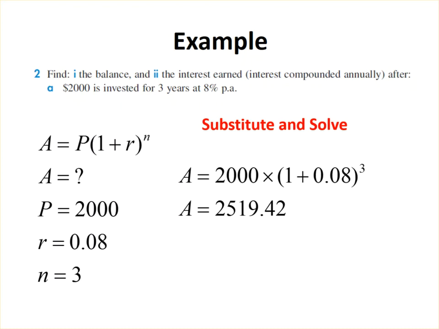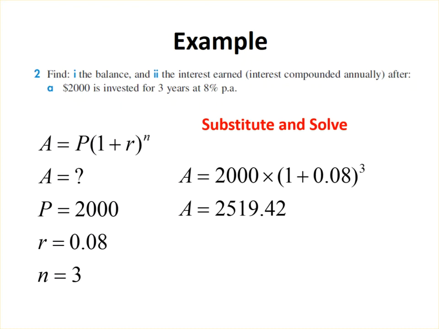So then the interest earned, does anyone remember the formula? A minus P equals I. Okay, again, you just substitute and solve. So you sub in 2519.42 minus the 2000.